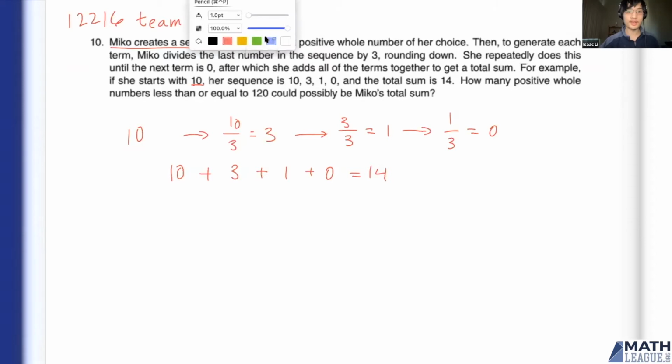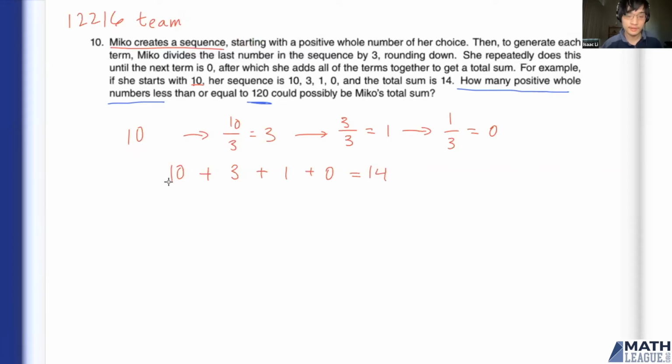Okay, and the question asks, how many positive whole numbers less than or equal to 120 could possibly be Miko's total sum? So for example, 14 could be Miko's total sum. Okay, so how would you do this problem other than just trying all starting numbers and seeing what works?